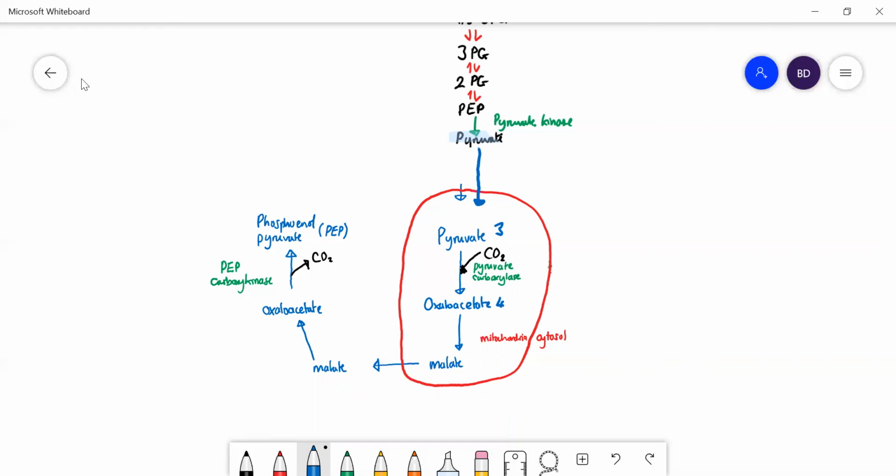Now, pyruvate carboxylase, if you want gluconeogenesis to occur, you've got to have an active pyruvate carboxylase. Now that isn't activated as such by glucagon binding. But what glucagon binding will do is increase the rate of transcription. So you get more mRNA for that, and so you get more enzyme.